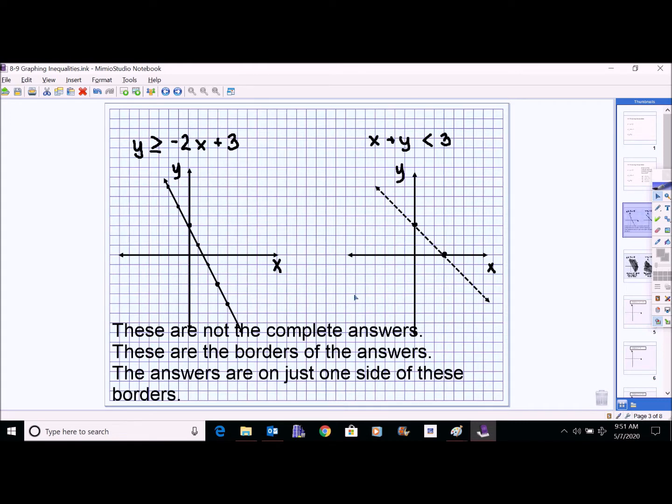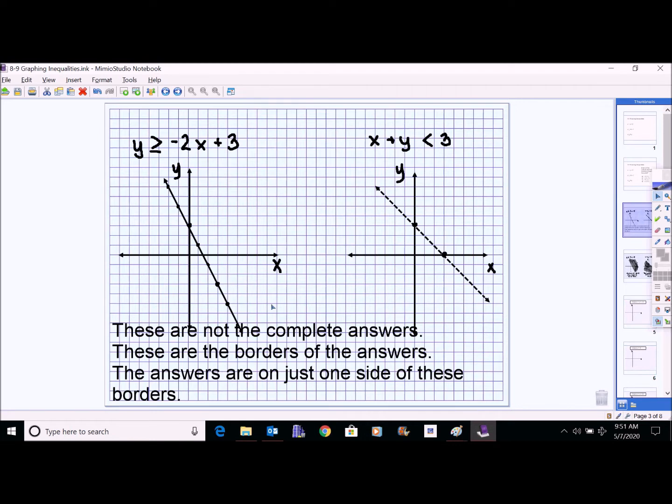It's just like when you were graphing inequalities on a number line, where you have an open dot or a closed dot. Here the numbers that are equal to are also solutions, and here the numbers that are equal to are not solutions, but you do have a dividing line.